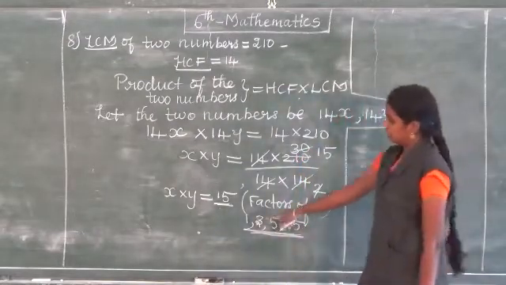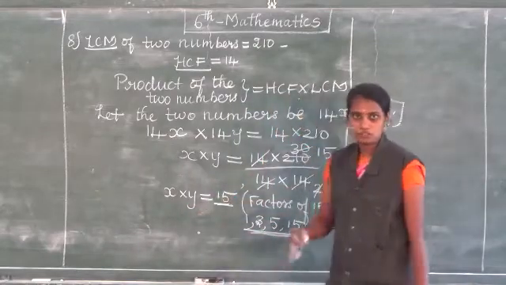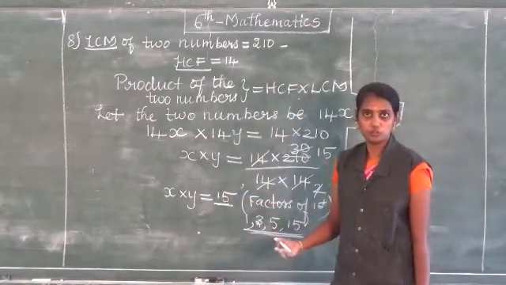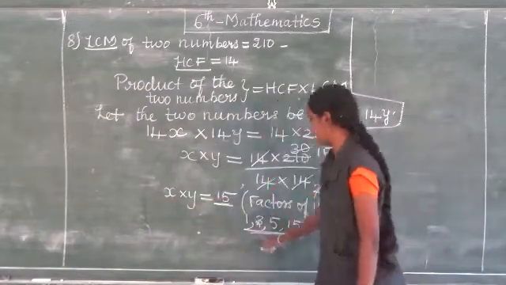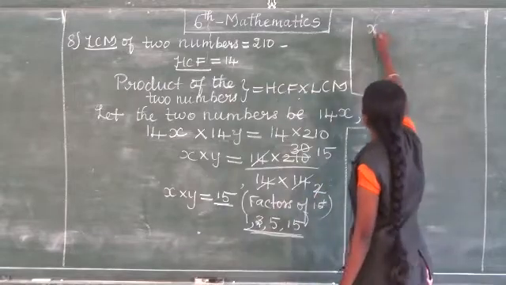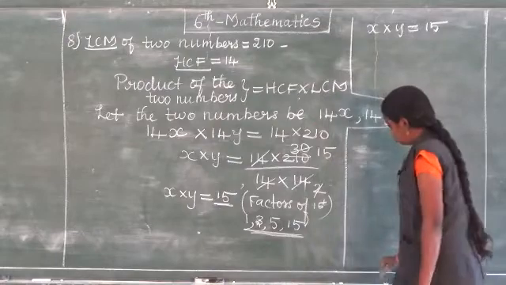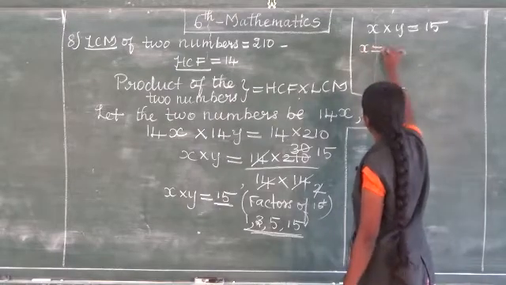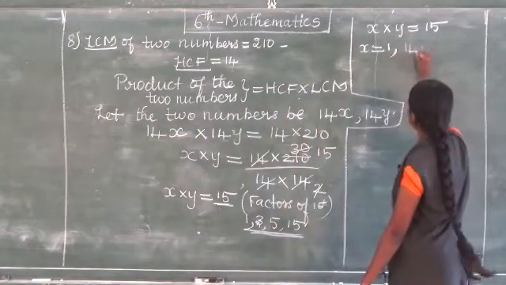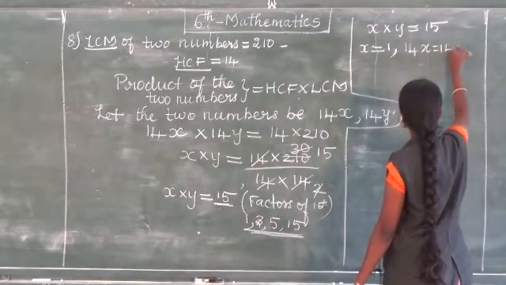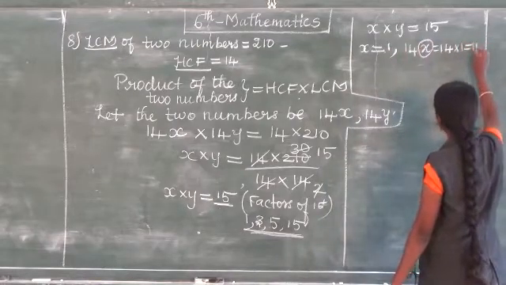Now it may be anything. x may be 1, y may be 3. But do we know what it could be? No, we don't. So x into y equals 15. If I take x as 1, find 14x: 14 into 1 is 14.